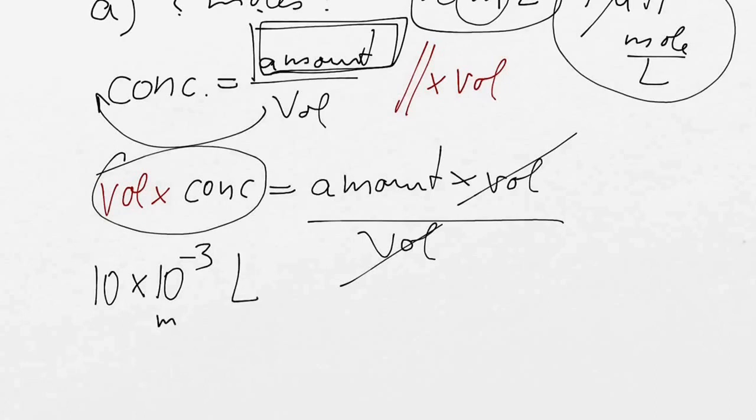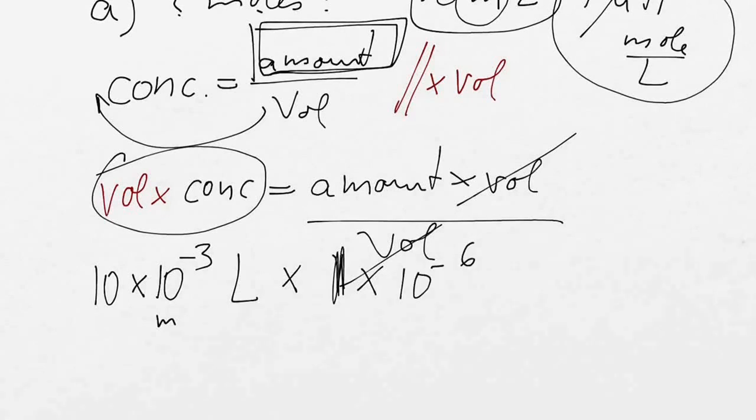Yeah? That's the volume times the concentration, and that is 1 micromole per liter. 1 times, what is micro? 10 to the minus 6 mole per liter.